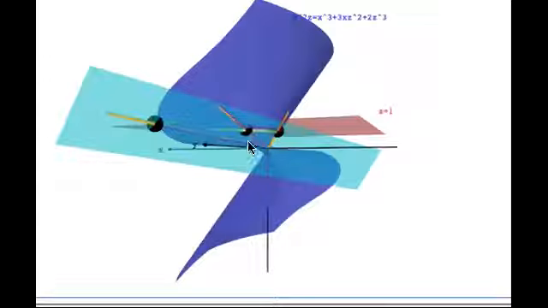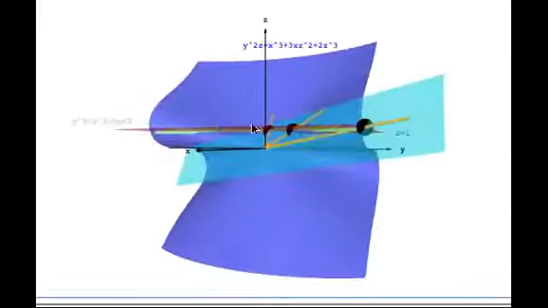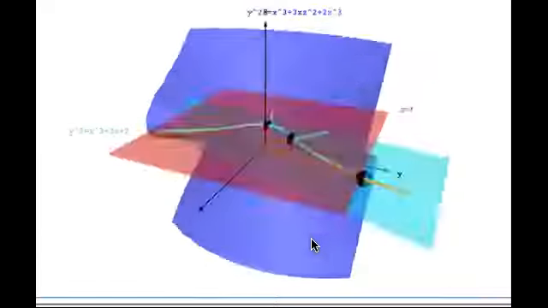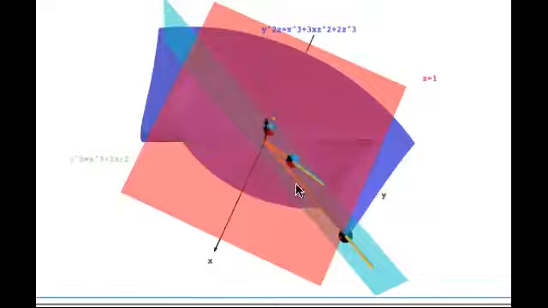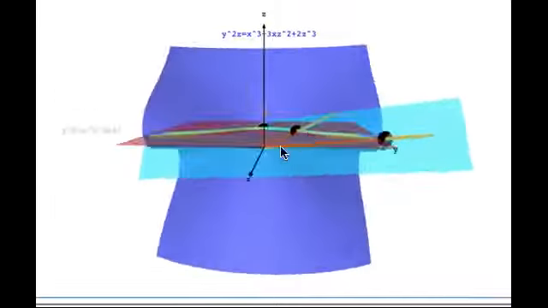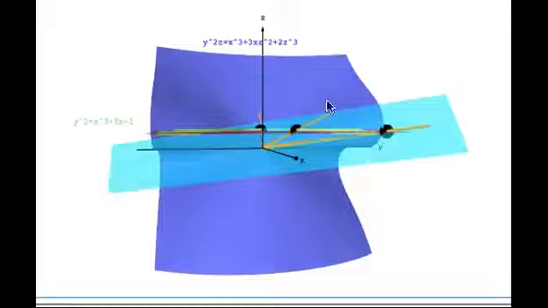Maybe come on this side and see the lines. You have a line coming this way through that point, a line coming up here, and a line coming up here. So there are 3 different lines. These lines live in the blue surface, which is a generalization of that curve we see here.